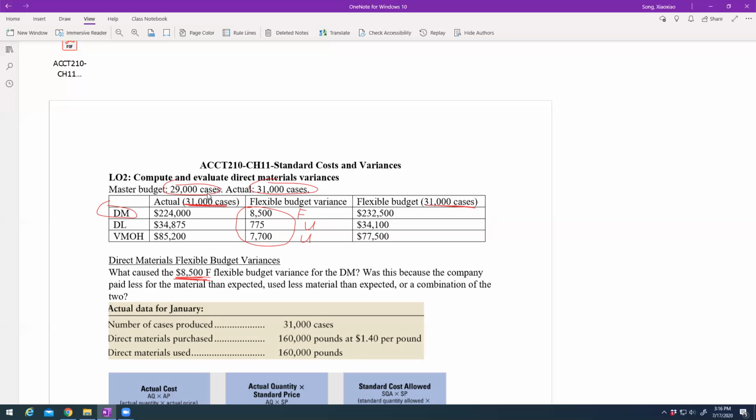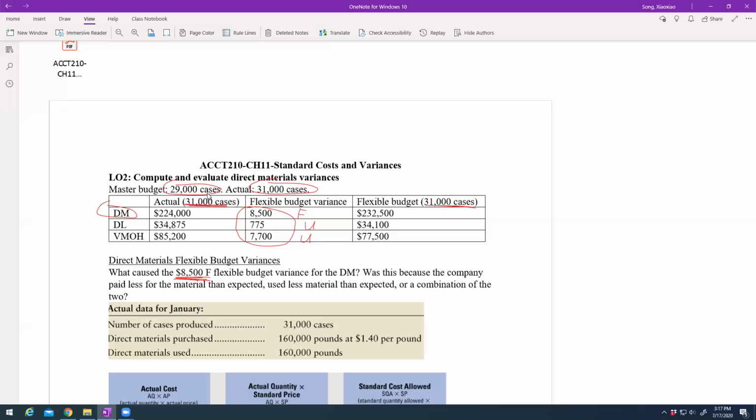Ask yourself, I thought the budget should be $232,500, but actually we only spent $224,000 for this direct material. Why? What can be the possible reasons?